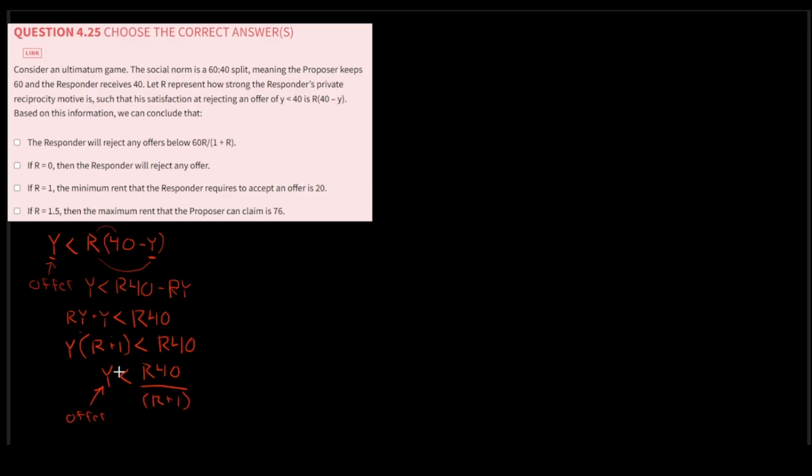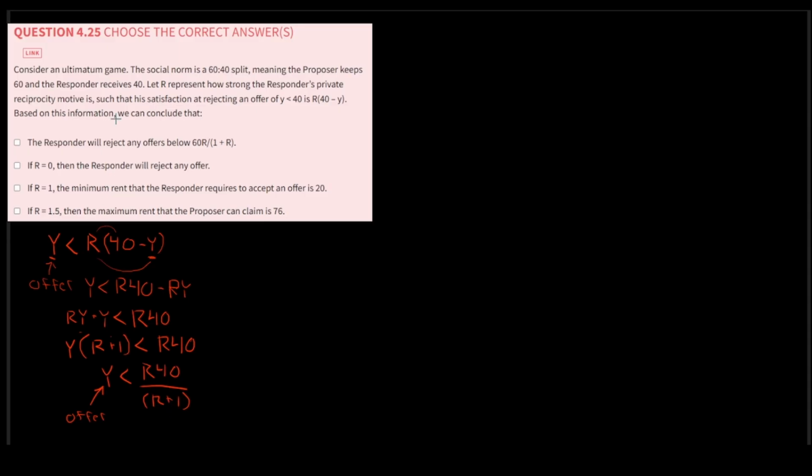So if the offer is less than this value, reject. If our offer is greater than this value, or equal to, we will accept. What we want to keep in mind is that this entirely depends on what the value of R is.